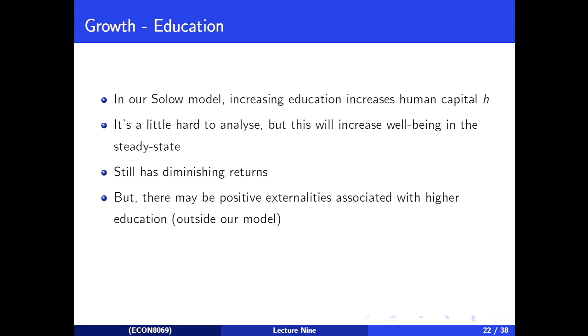It still improves productivity, but not by as much as high school did, which was itself not as much as the benefit gained from primary school. So we do still get these diminishing returns. There are returns, but there are diminishing returns. It's still potentially useful here. Again, well outside our model, there are potentially positive externalities associated with increased education.